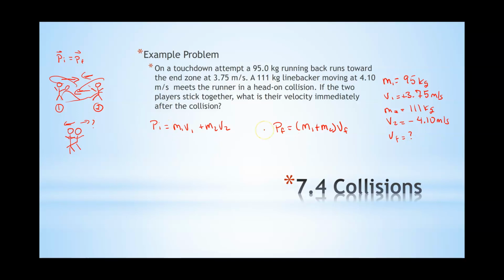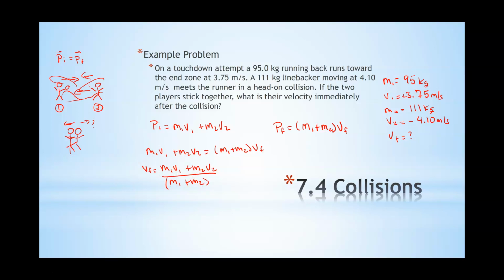Now we're going to set these two equations equal to each other. We have m1v1 plus m2v2 is equal to m1 plus m2 times vf. We're solving for vf, so we divide both sides by that sum of masses. When we do that, I get vf is equal to m1v1 plus m2v2 divided by m1 plus m2.